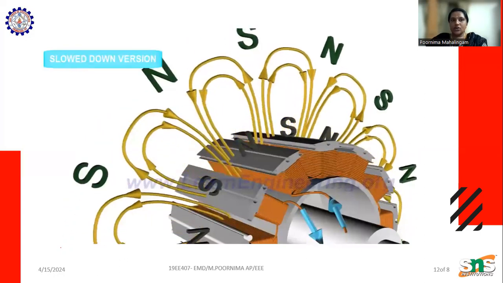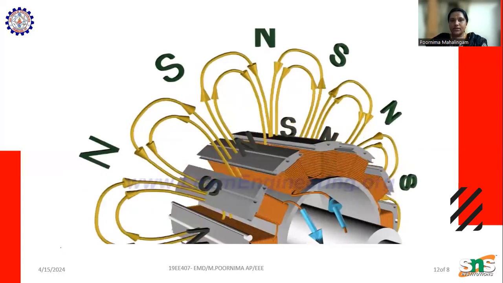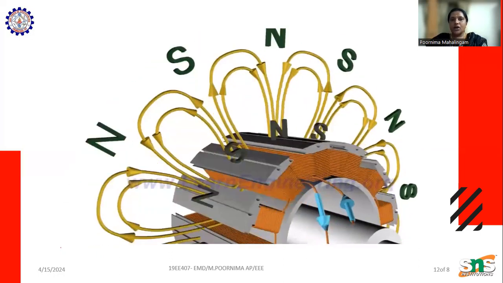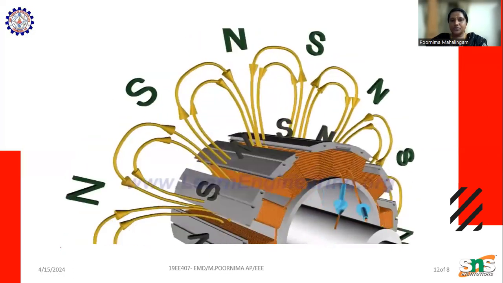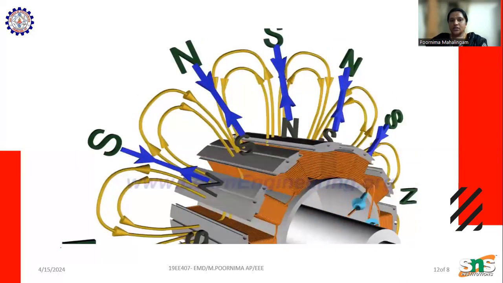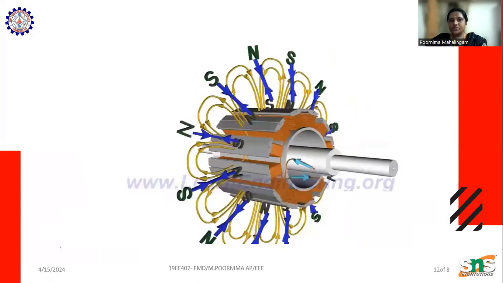Here we can see the slow-down version of the magnetic field. You can see how it turns, north pole, south pole, opposite poles; the rotor and stator track each other.